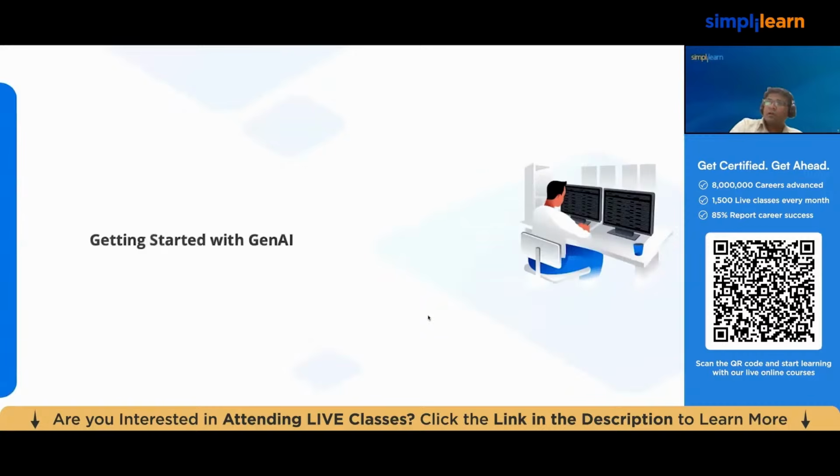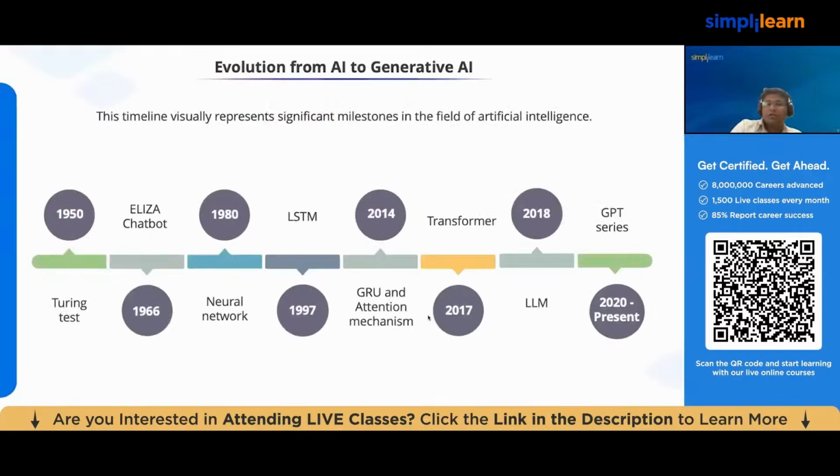So we started with getting started with Gemini and the introduction. Then we worked on the various evolution from 1950 to the present. In the 1950s there was the Turing test, a test used to mimic humans.